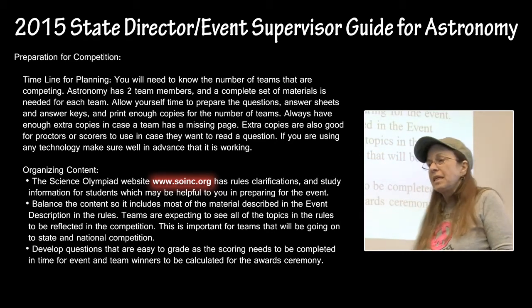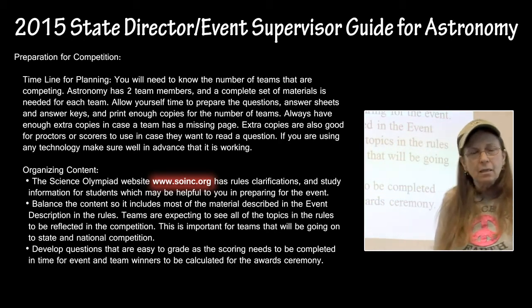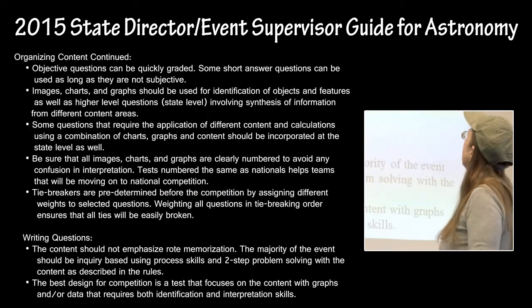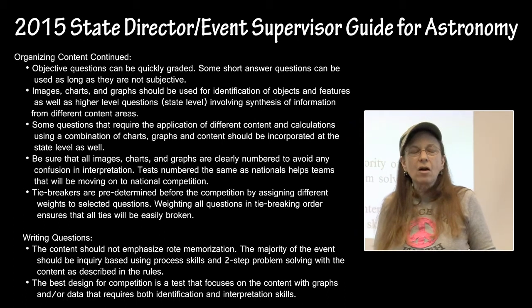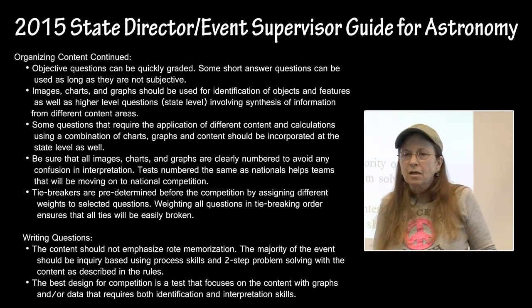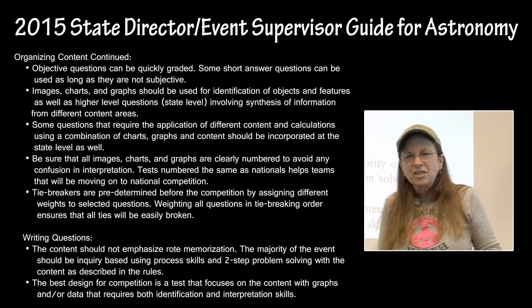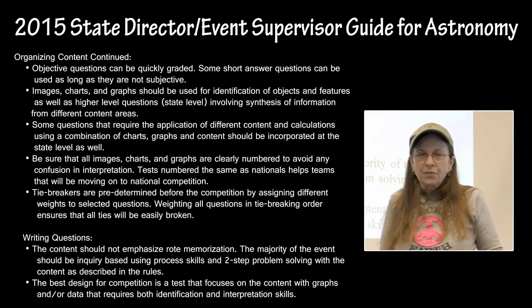The questions need to be easy to grade. The scoring does need to be completed in a hurry, so the questions need to be short, and they need to be objective. Short answers can be used as long as they are, again, objective. If there's more than one answer or 2 different names for the same feature, make sure you have that in your answer key so you don't call somebody wrong because they have a different answer, because that answer might be just as correct as a different one.